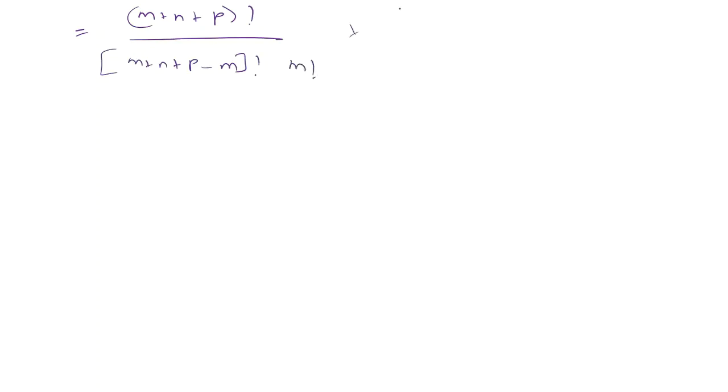Which is equal to m plus n plus p factorial upon m plus n plus p minus m factorial times m factorial, times n plus p factorial upon n plus p minus n factorial times n factorial, and p choose p is going to be 1.